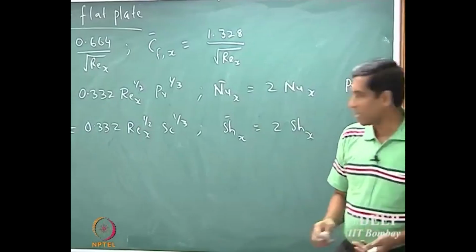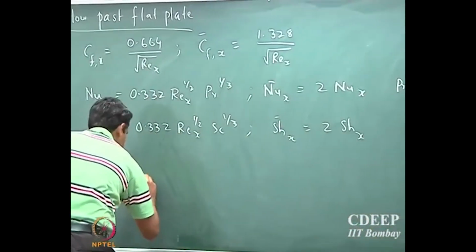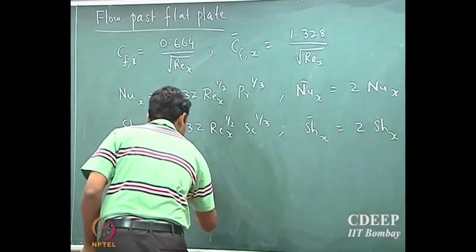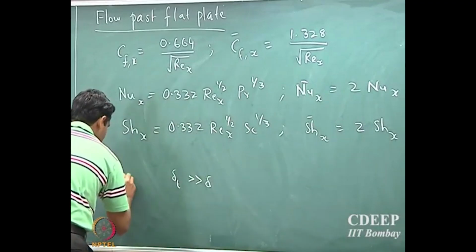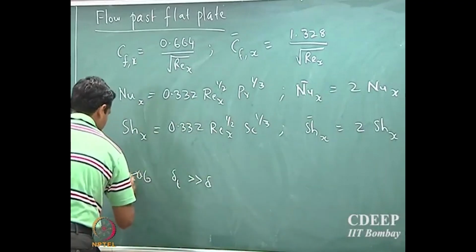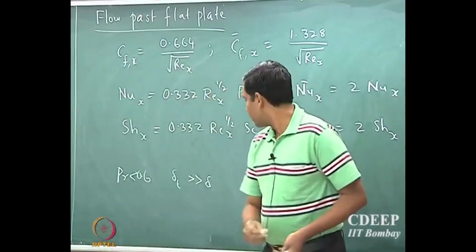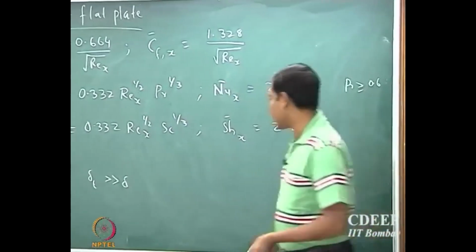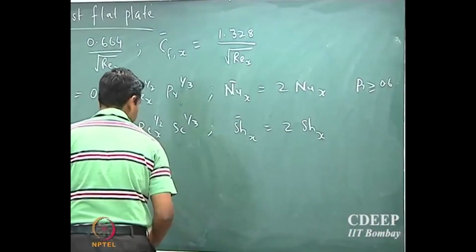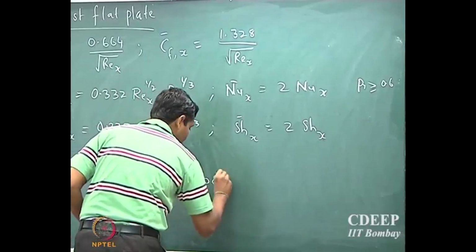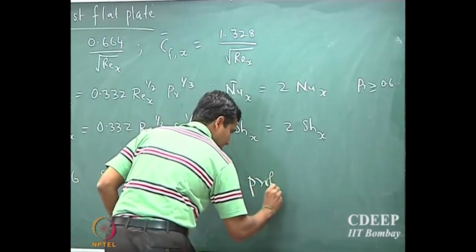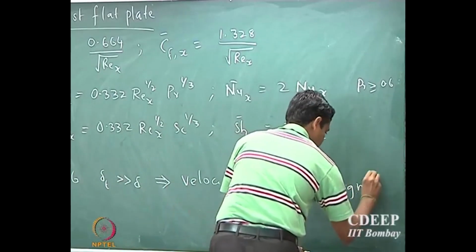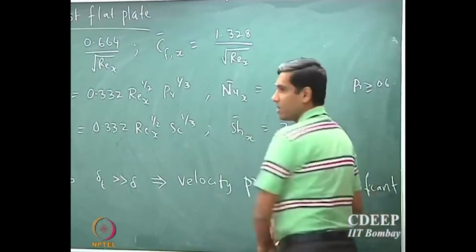So when it is less than 0.6, what happens is that the thermal boundary layer thickness is usually larger. For very small Prandtl numbers, the thermal boundary layer thickness is much larger than that of the momentum boundary layer thickness, which also implies that the velocity profile is insignificant.